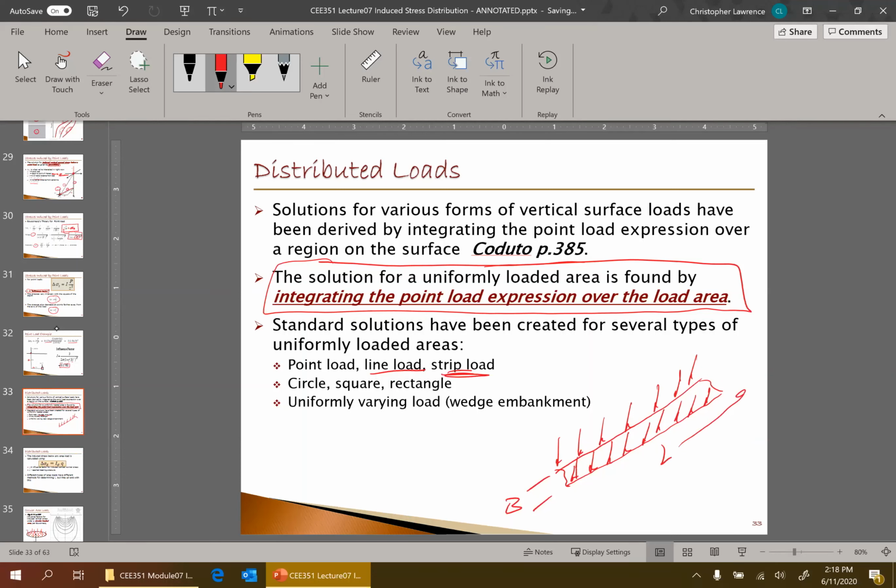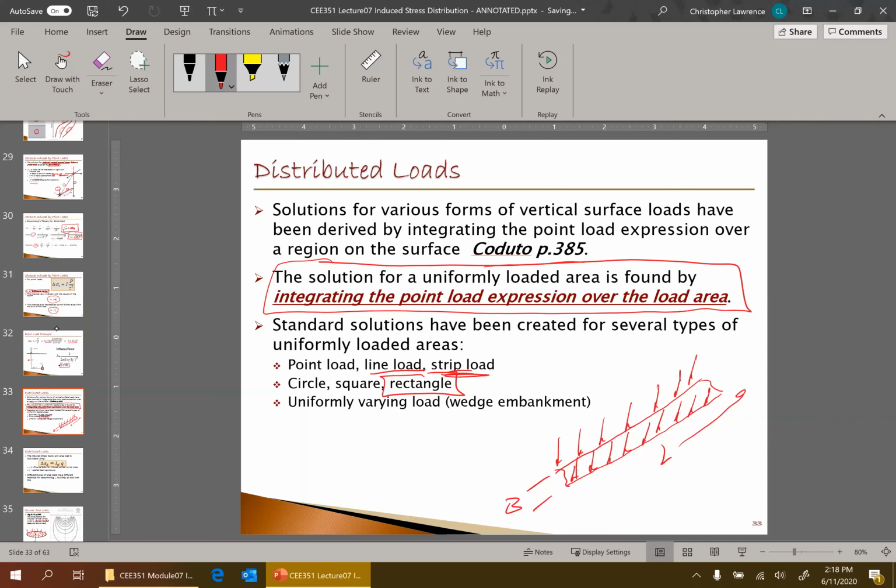We also have strip footings that are usually 3 or 4 feet wide, but could be really, really long, hundreds of feet long. Okay, so that's a strip load, or often called a semi-infinite load. Right? We could talk about circular loads, square loads, rectangular loads. And don't forget, a square is a rectangle. It's a special kind of rectangle, but a square is still a rectangle, right?